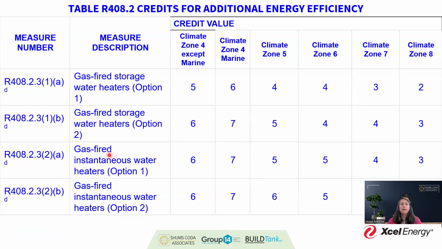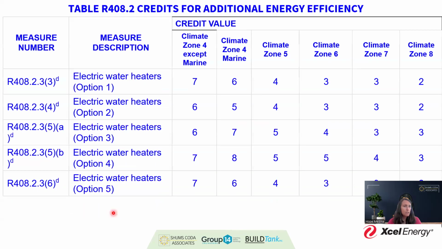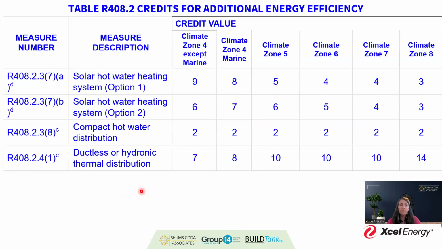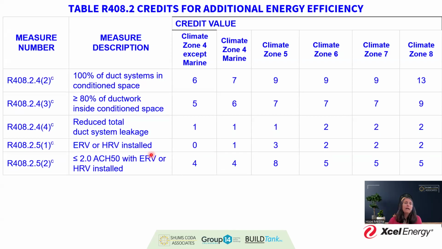And then we have more gas-fired water heater options, electric water heater options, solar water heating options, and compact water heating distribution. That's where it's paying attention to where you place your heating appliance and where the fixtures are going to be.